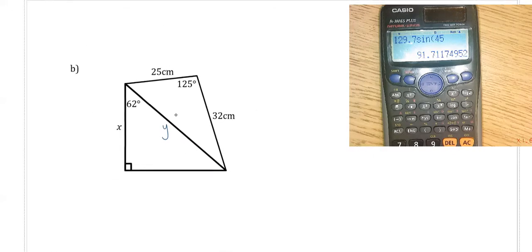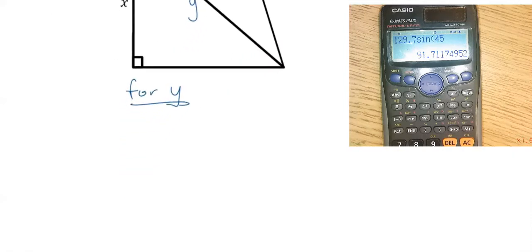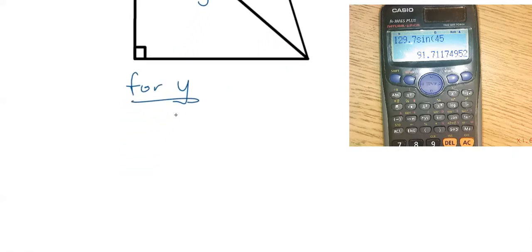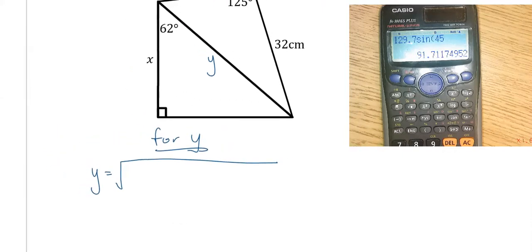So for Y, and it's this version. I'm looking for a side length, so it's this one. Y equals the square root of 25 squared plus 32 squared minus 2 times 25 times 32 times the cosine of the angle between them.